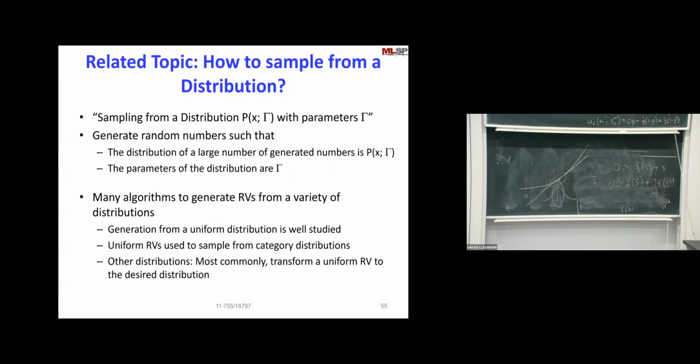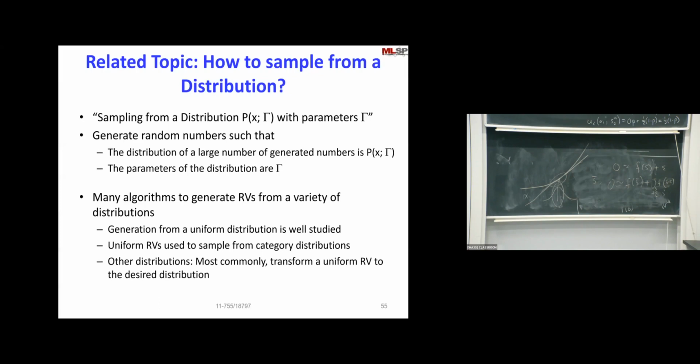There have been many algorithms to generate random variables from a variety of distributions, from uniform distributions, from categorical distributions. Do we know what a categorical distribution is? Discrete, right? Like the roll of a die. Do you know how to sample from a categorical distribution?